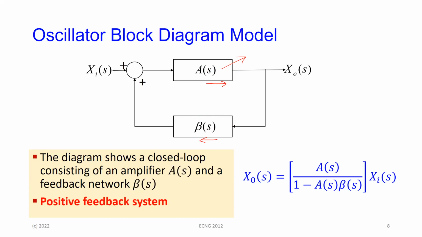And in the specific case of an oscillator, the feedback, now look what we've done here. Instead of negative feedback, we have positive. So from before, we know that it was going to be G over 1 plus GH for negative feedback. If you change the feedback from negative to positive, then this is going to change.